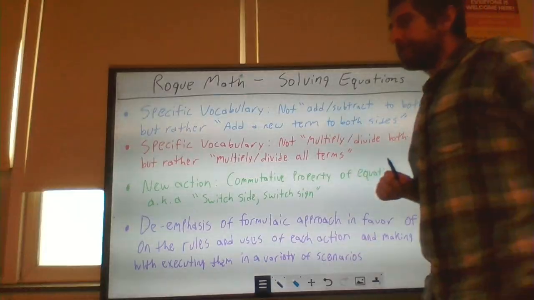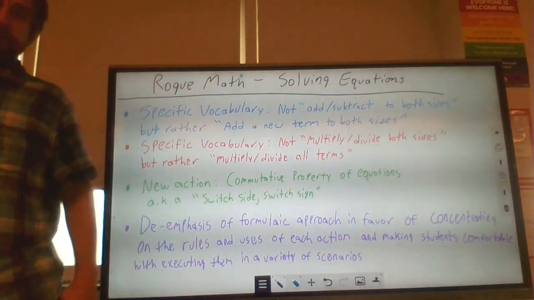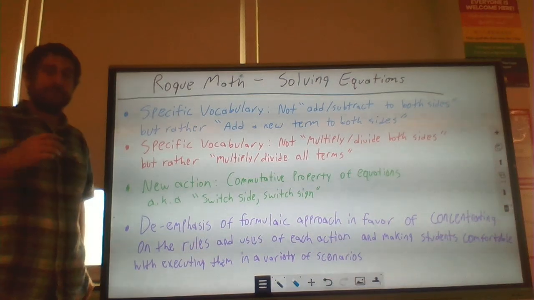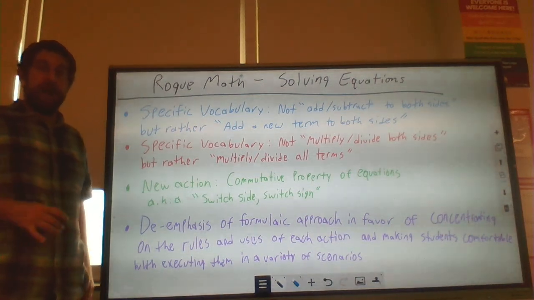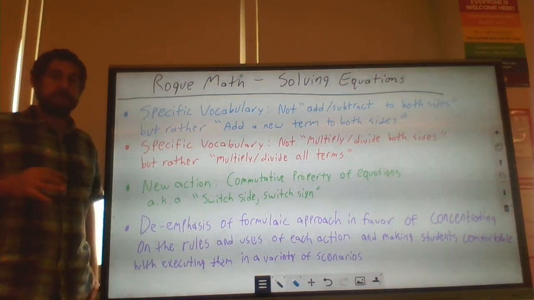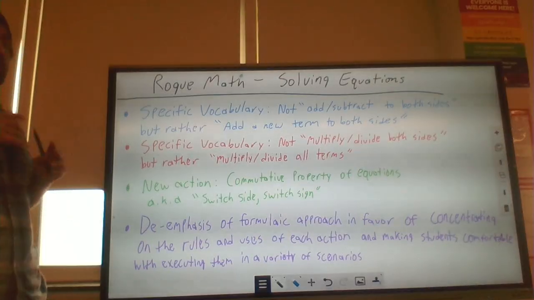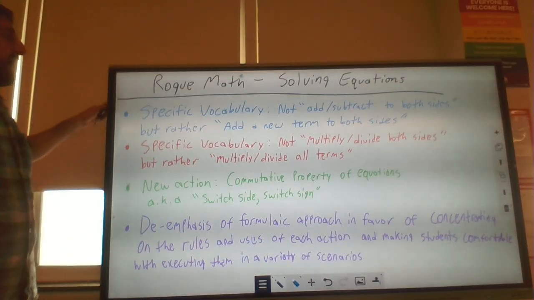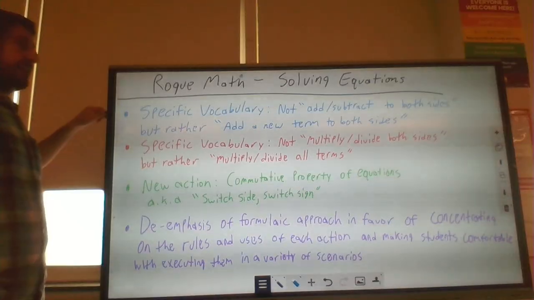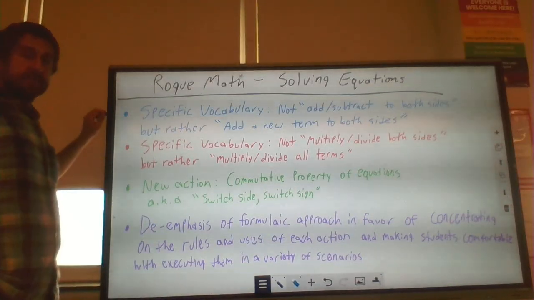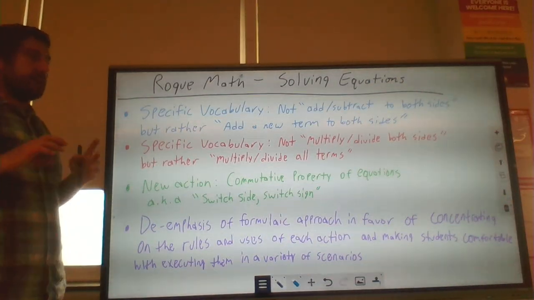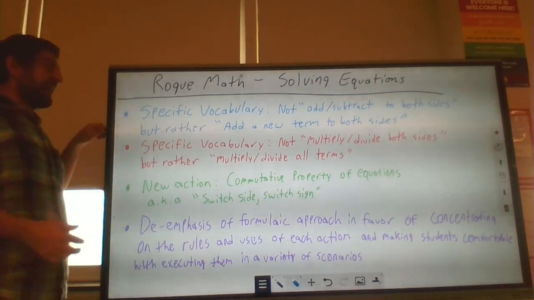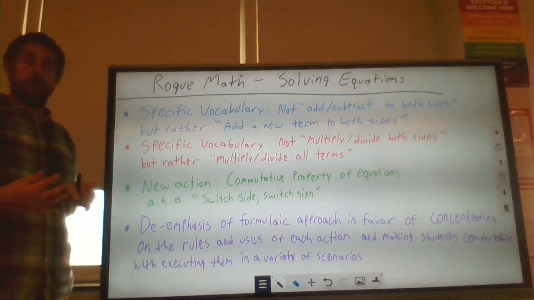So the first couple things I do are just specifically related to vocabulary. If you've watched my other Rogue Math stuff, you notice that vocabulary is a big part of how I approach these things. Very specific with the way in which I talk about these skills. So I don't talk about adding or subtracting to both sides. Instead, rather than talking about it in terms of an operation, I talk about it as adding a new term to both sides.